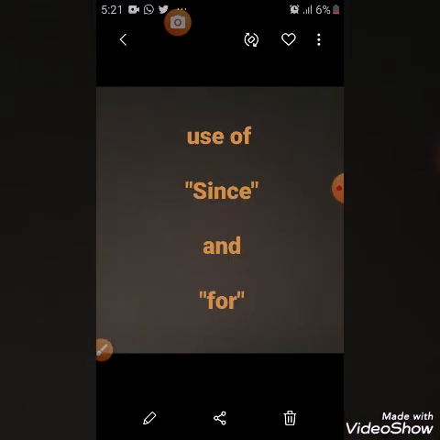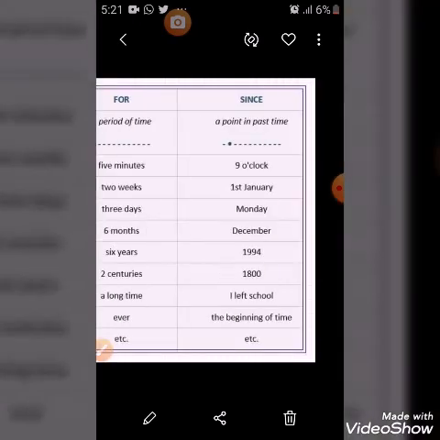Now the next one is the use of since and for in this past perfect continuous tense.